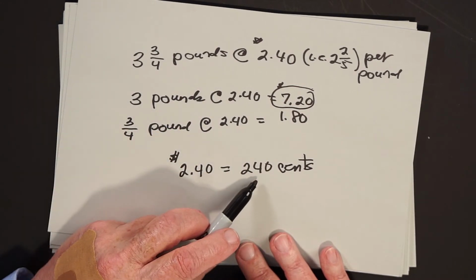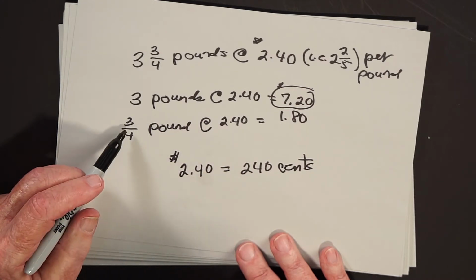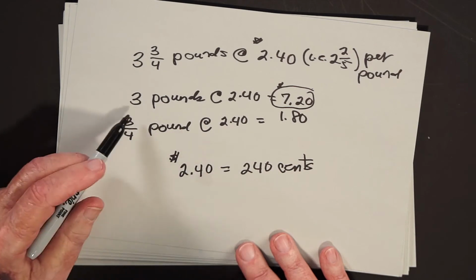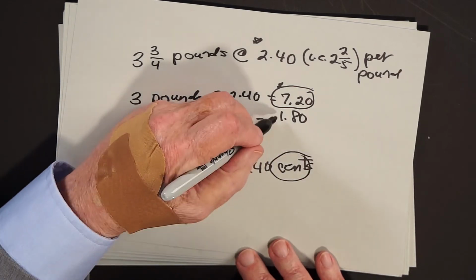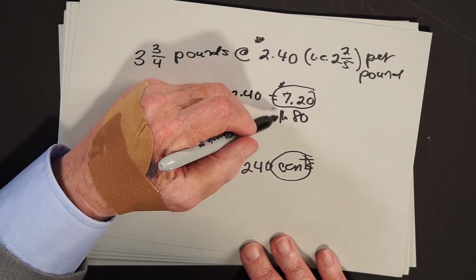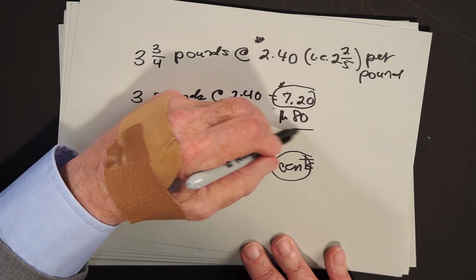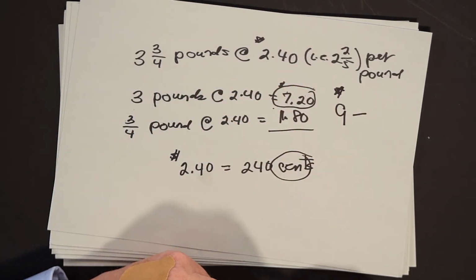So 1/4 of 240 is 60, and you're buying 3/4. 60 times 3 is 180. 180 what? 180 cents. That's $1.80. $7.20 plus $1.80. Added those up. There's your $9 again. The same answer that we got mechanically.